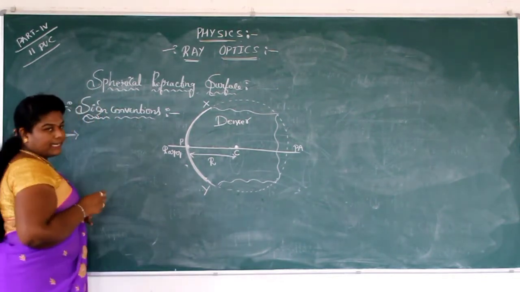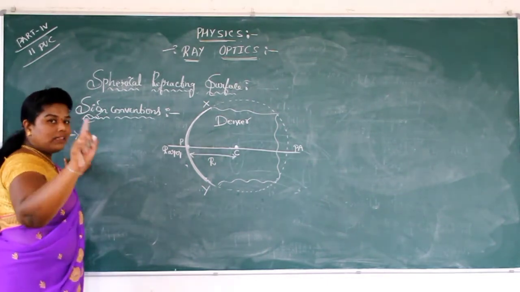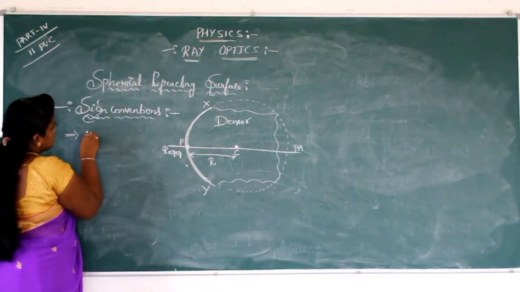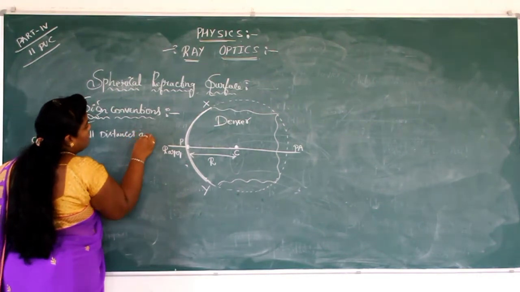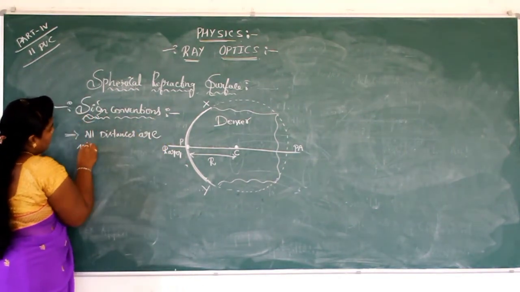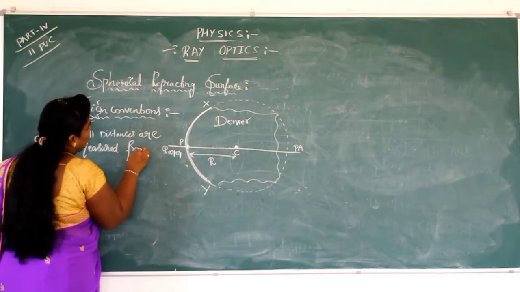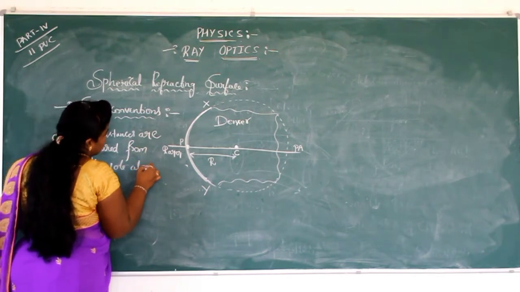See, the first point is that all distances should be measured from the pole along the principal axis.